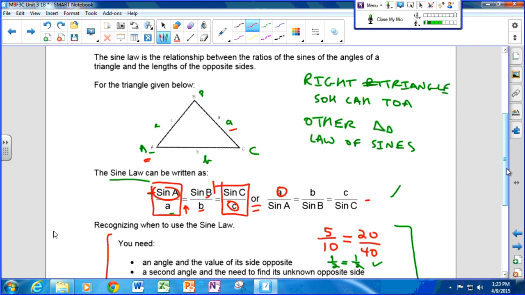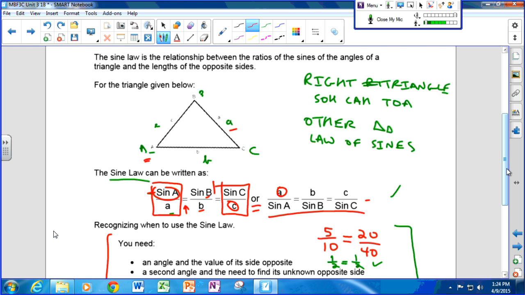The sine law is for any triangle, and you'll have it on your sheet. It's written as a ratio of either the sine of an angle over the length of the opposite side, or the inverse of that, the sides over the sines, and it doesn't matter which one you use as long as you're consistent.